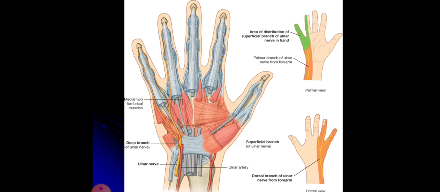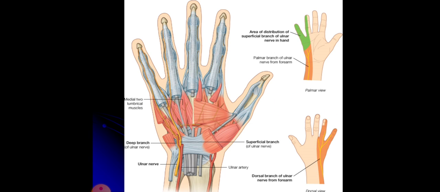The superficial branch is cutaneous and supplies the medial 1.5 fingers, and also the dorsum of the hand here, one and a half fingers.